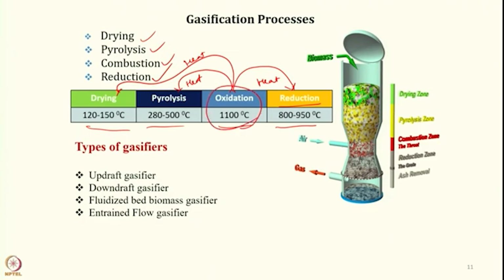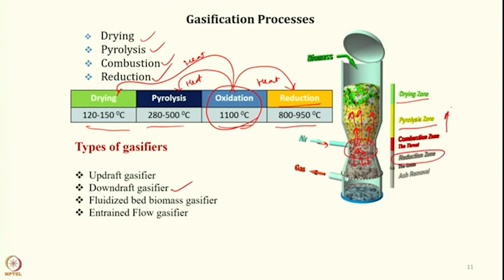As you can see here, this is the oxidation zone in this downdraft reactor. Through radiative heat transfer, it supplies heat to the pyrolysis zone and the drying zone, and then air is drawn from here, all the oxidation happens, and the hot gases pass through the reduction zone.